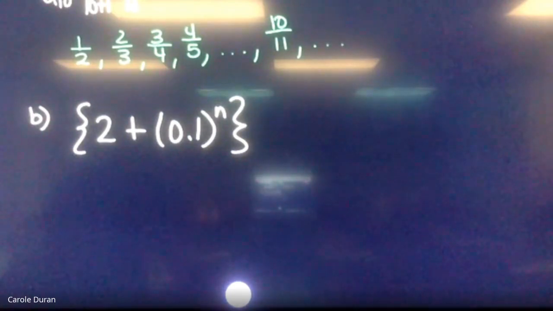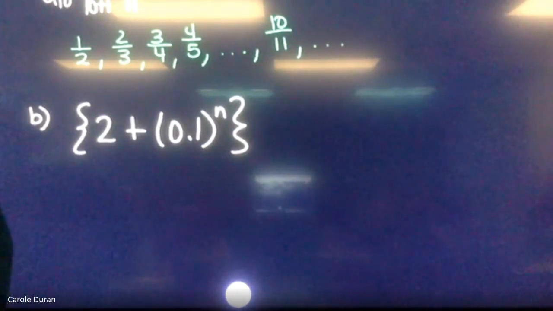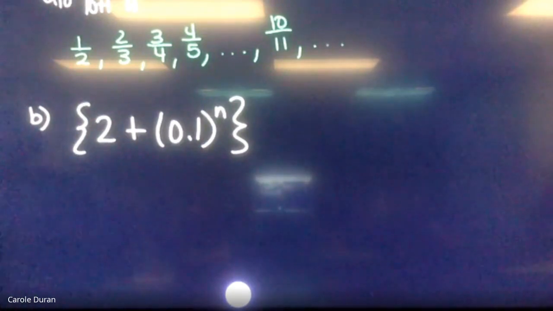It should have 9 zeros in it. So you should definitely do the 0.1 to the 10th first and then add 2 and it should work out better that way. Okay.